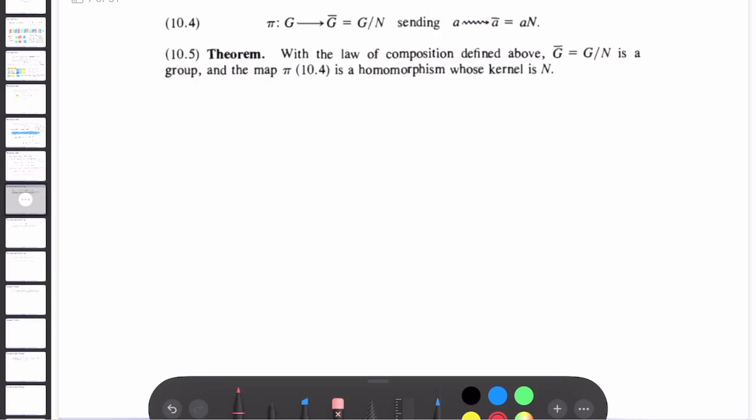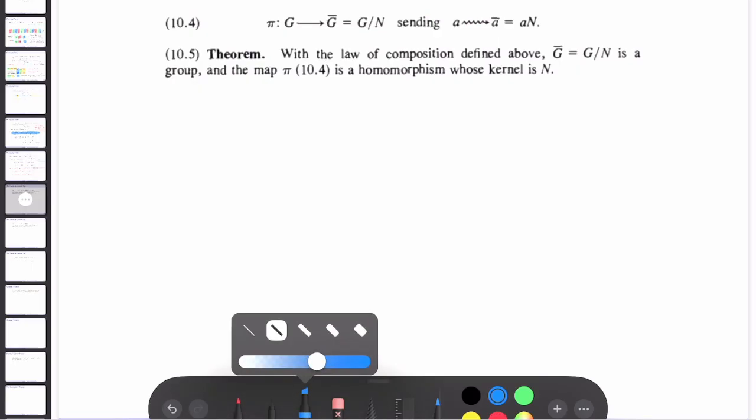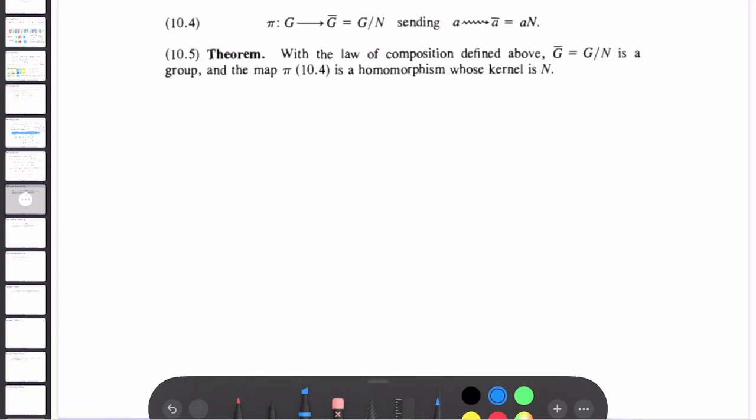This is formalized by Artin in this proposition. With the law of composition defined as in 10.1, the set of cosets, which you can write either way, G/N or G bar, is a group.